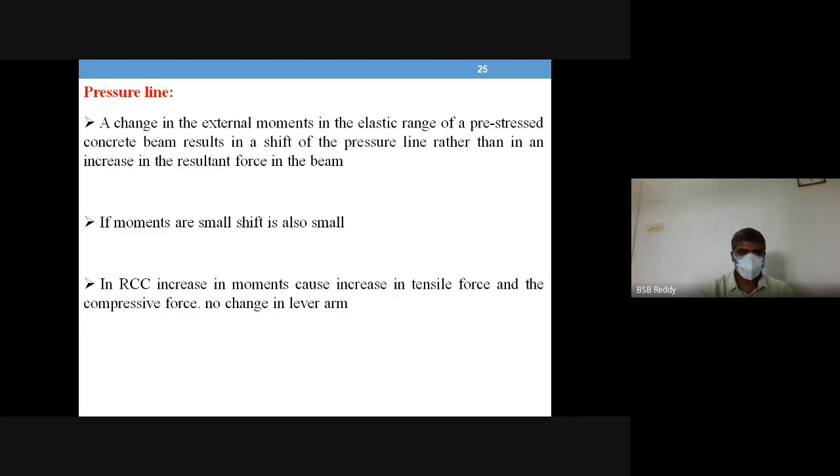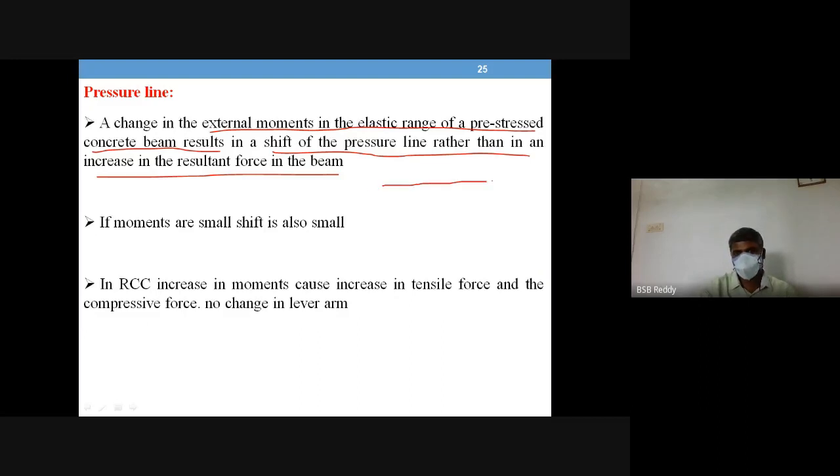Change in the external moments in the elastic range of a pre-stressed concrete beam results in a shift of the pressure line rather than an increase in the resultant force in the beam.